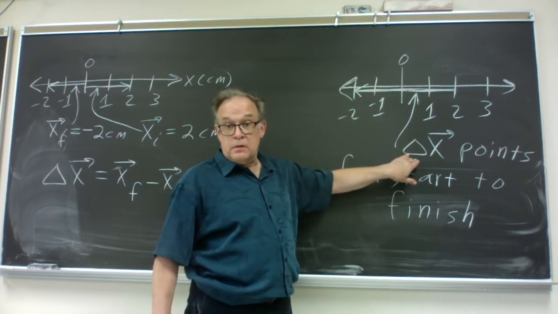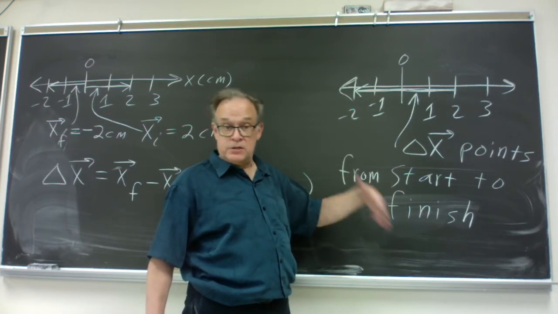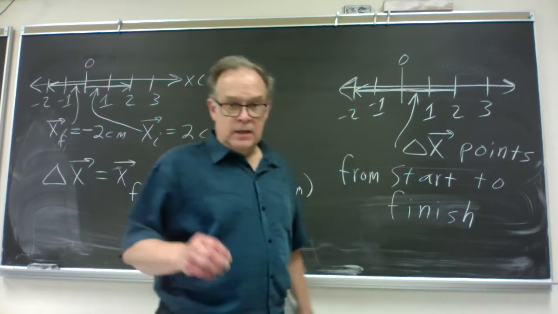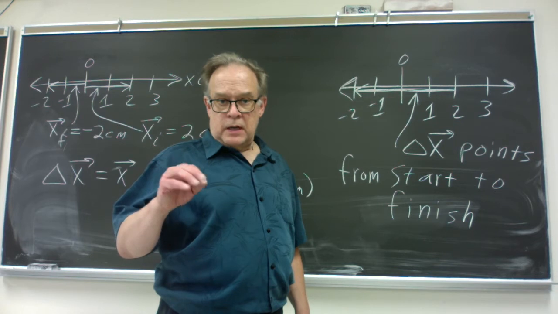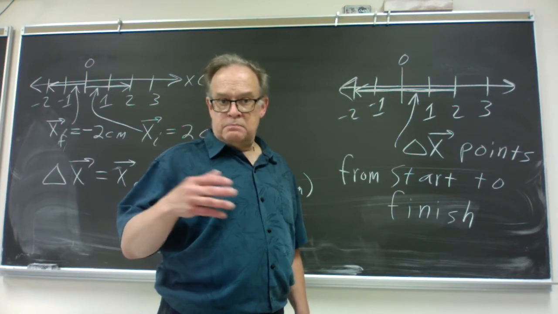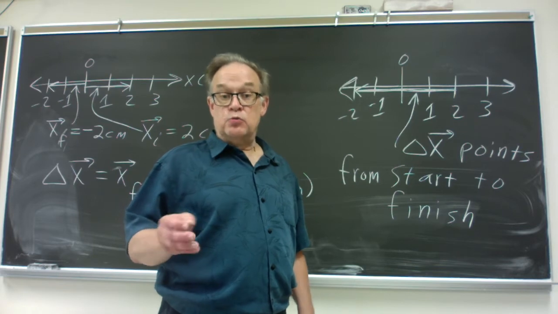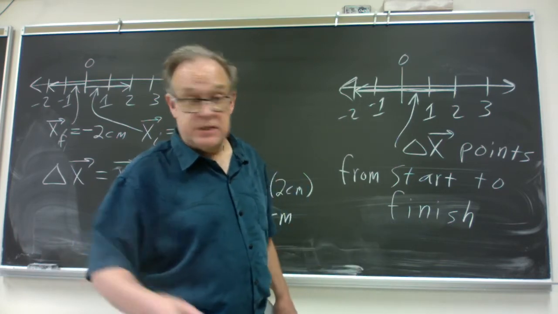The displacement vector points from the start to the finish. Just keep that in mind all the time. Now let's think about how to represent these location vectors and displacement vectors with arrows. You can represent any vector with an arrow, as I said.